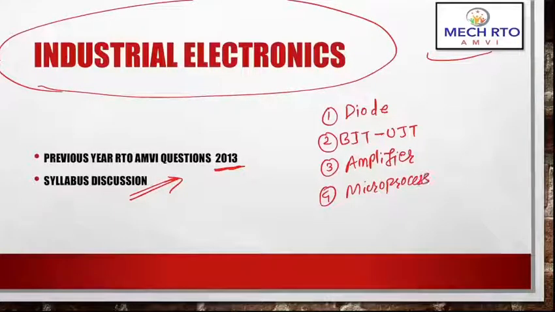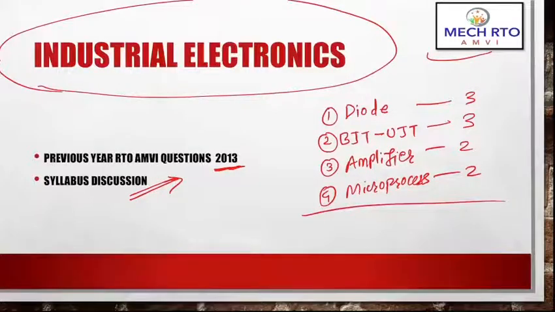In the question distribution, diode will have 3 questions, and so on, 2 and 2, equal to 10 questions from this subject, which will cover 20 marks. Very easy subject guys. So let's get started.